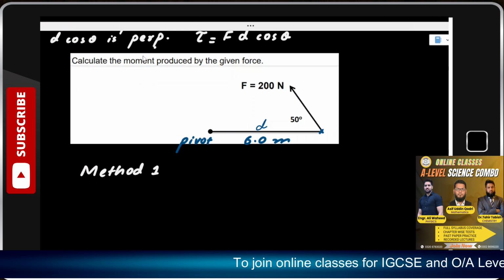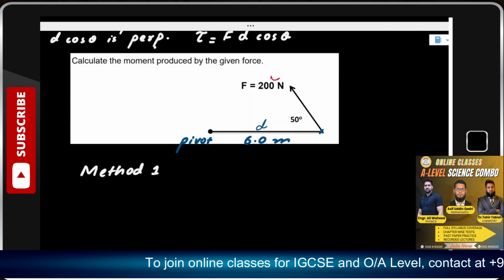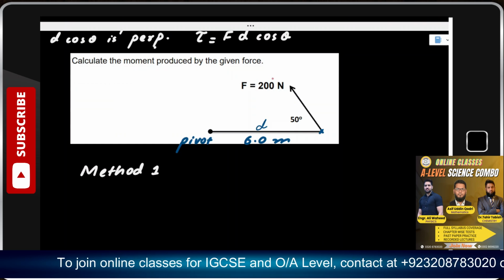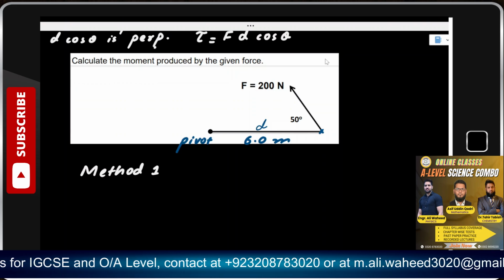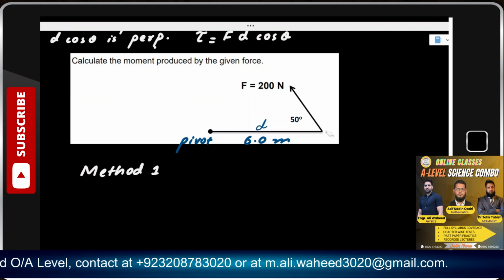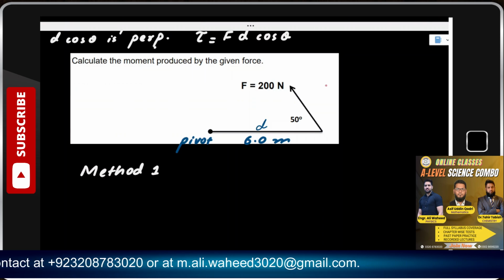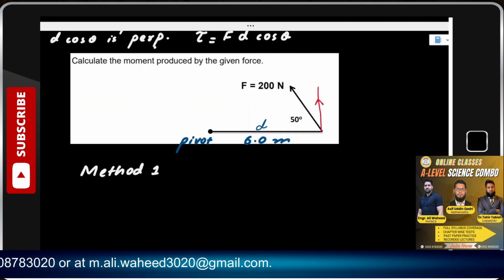So I'm going to resolve this force into two components. So the force is towards the top left corner. So one of the components would be vertically upward, and the other component could be towards the left side.